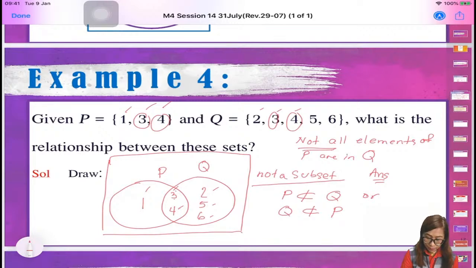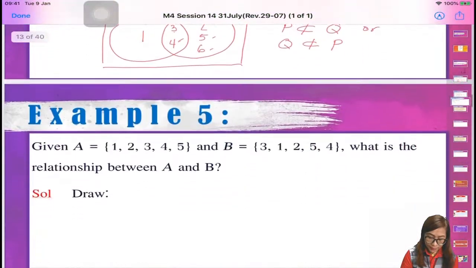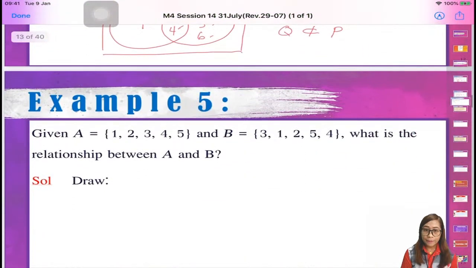That's it. Okay. Next is example number 5. Given A is the set of 1, 2, 3, 4, 5, and B is the set of 3, 1, 2, 5, 4. What is the relationship between these two sets, A and B?